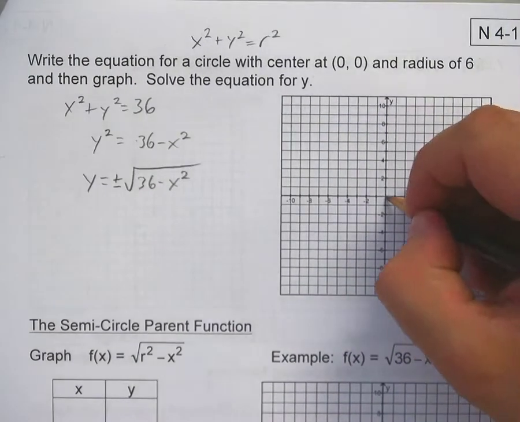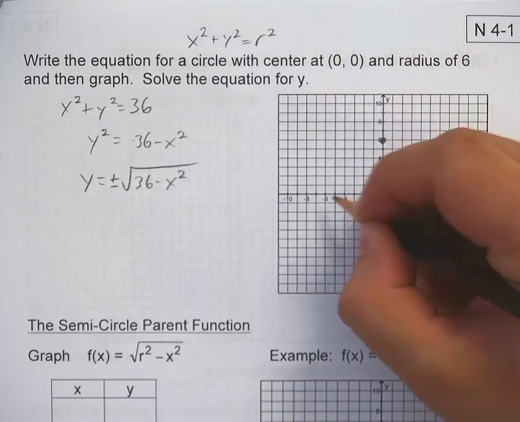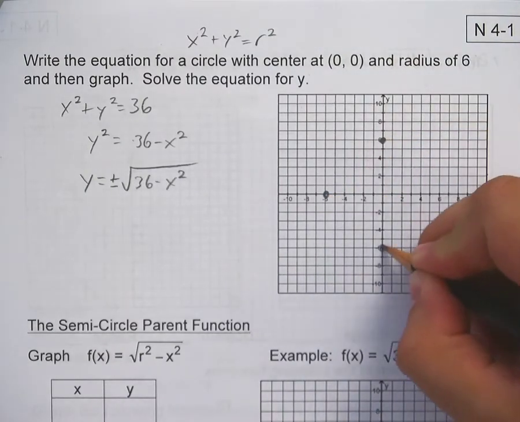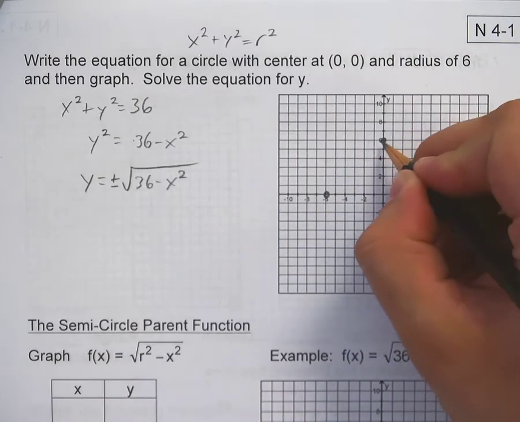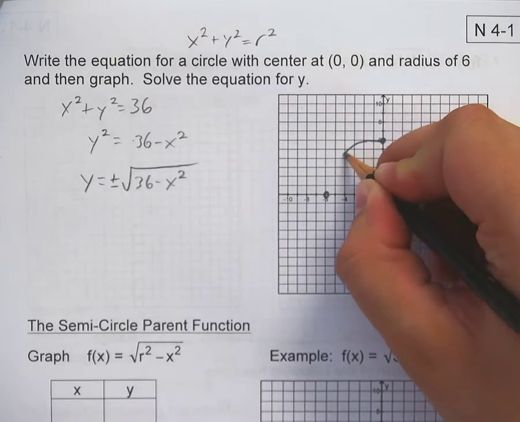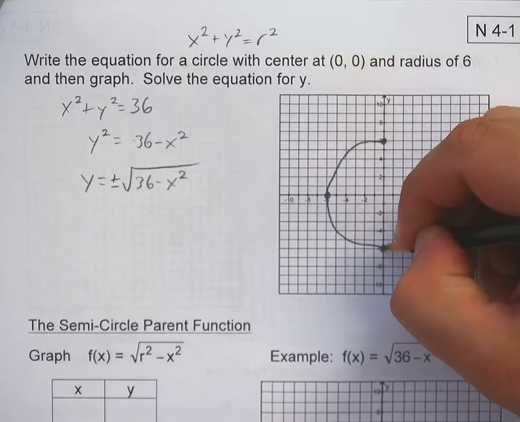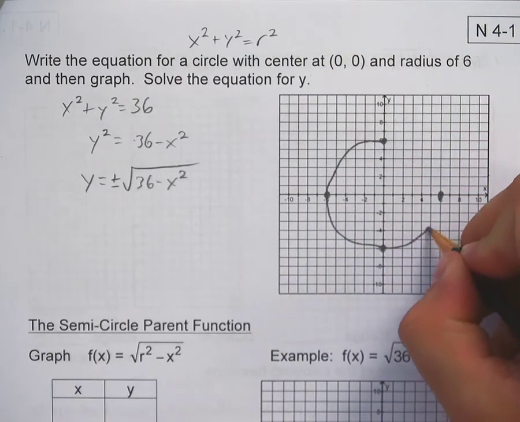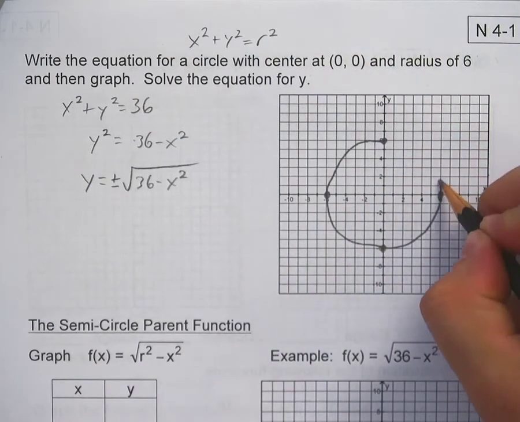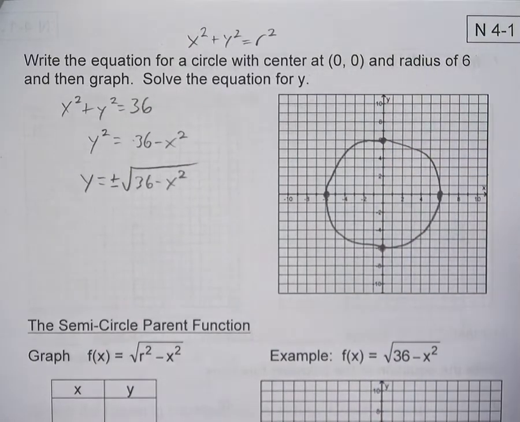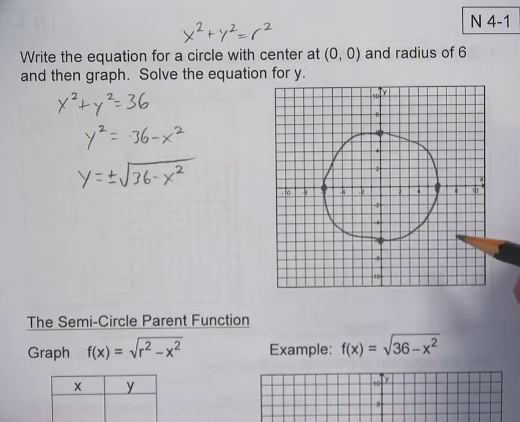And then what this would look like is a radius of 6, like this. I'm going to do my best impression of a circle here. That's horrible. Close enough. Radius is 6.